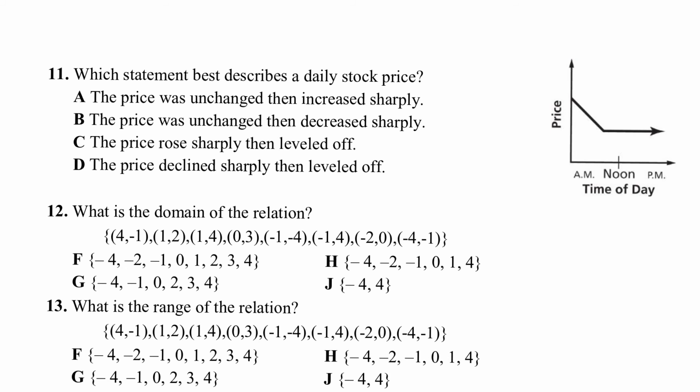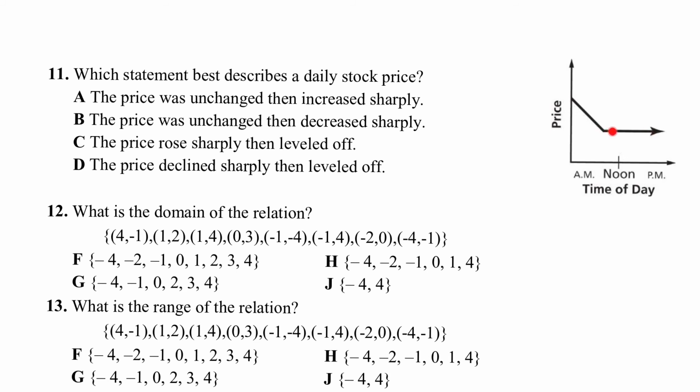So we know that the graph starts up here on the y-axis, which is the price, and it decreases. You can say the price goes down, or you can say the price will decline. There's many ways you can say this, but we know that the price is going down, it decreases, and at this point the graph is going to the right.